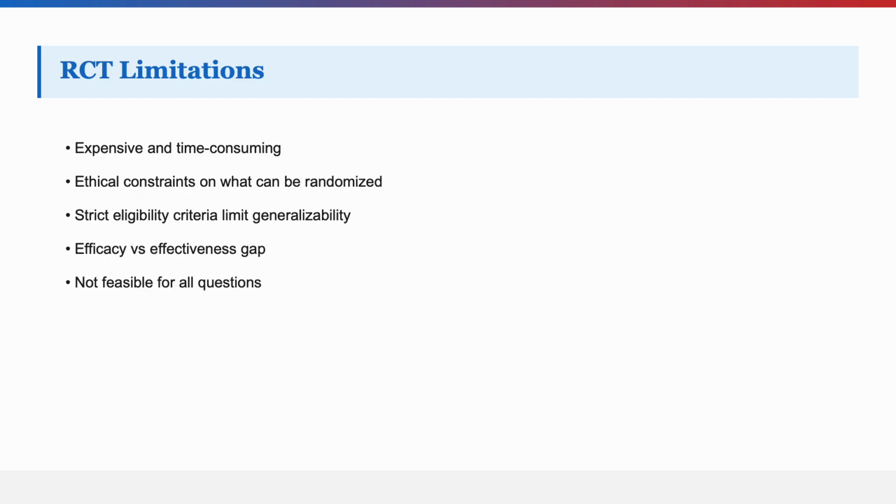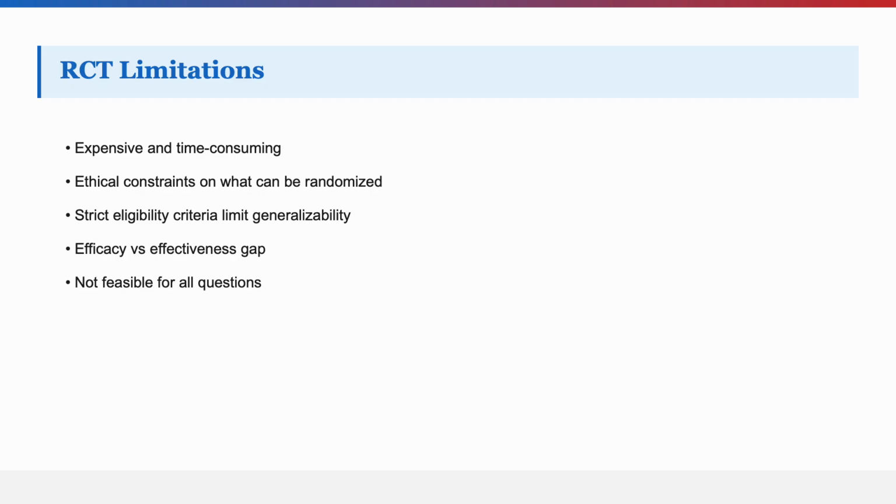The efficacy-effectiveness gap matters. RCTs show efficacy under ideal conditions with careful follow-up. Effectiveness in routine practice may be lower due to adherence issues and less intensive management. Some questions can't be answered by RCTs, rare outcomes need impossibly large samples.